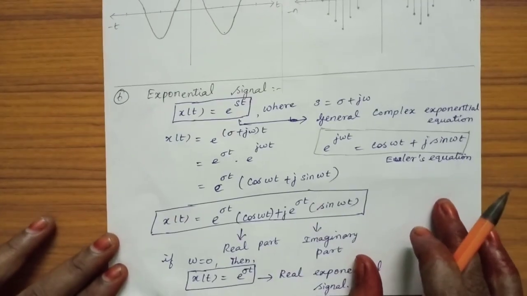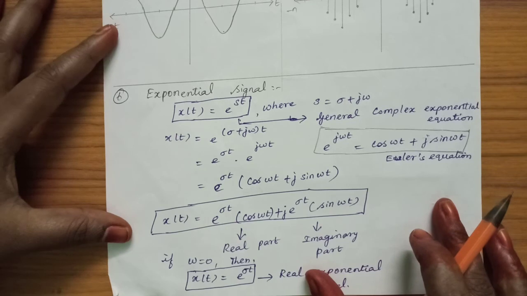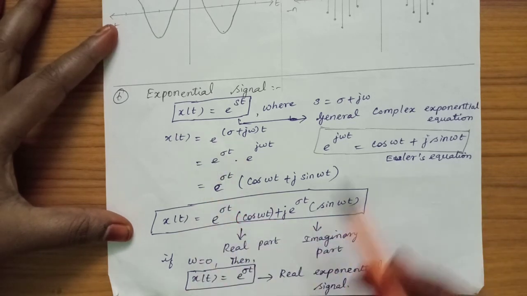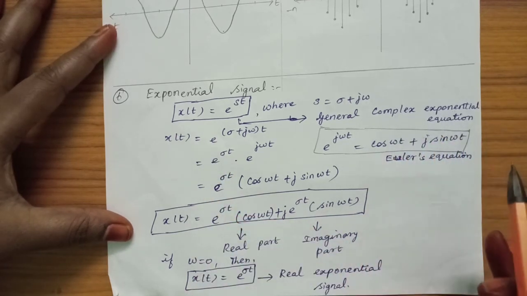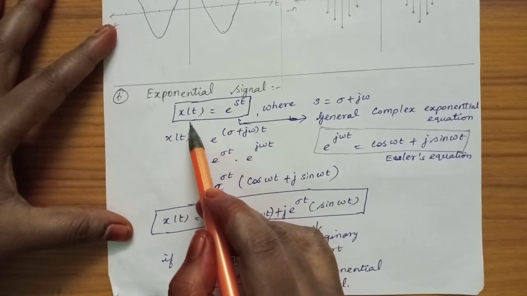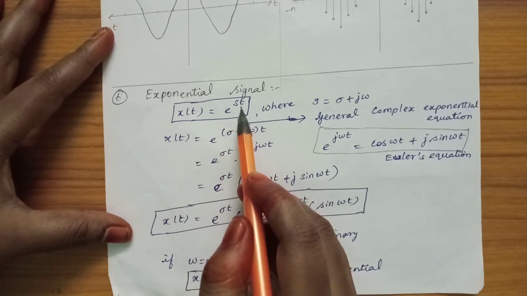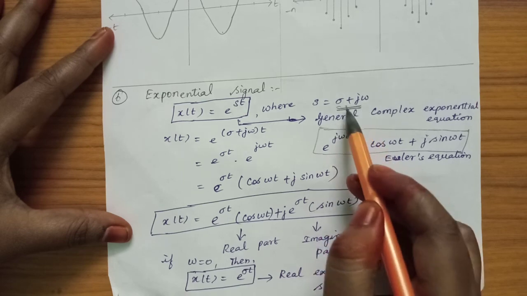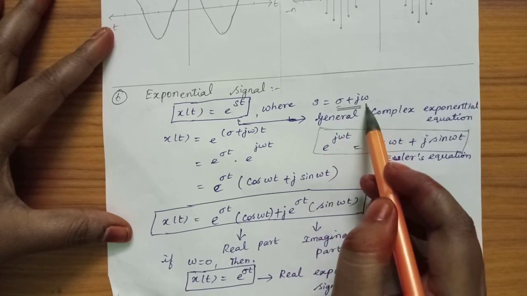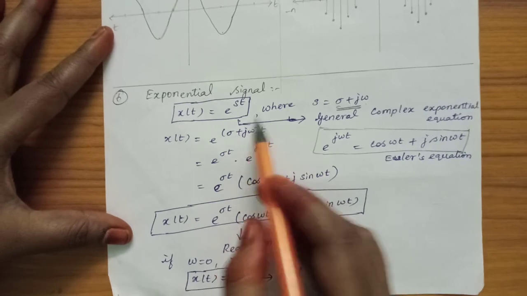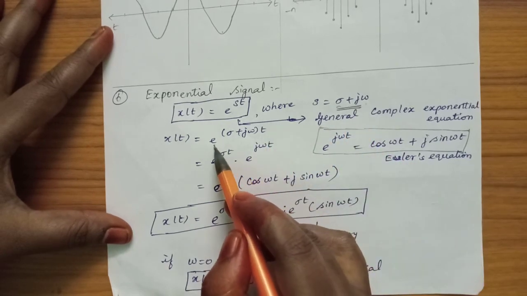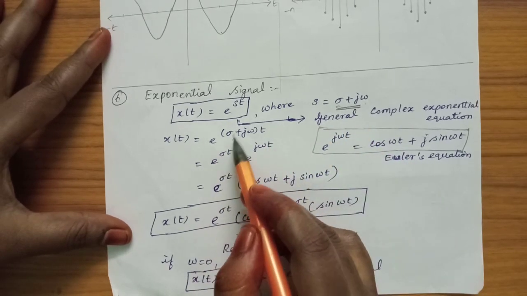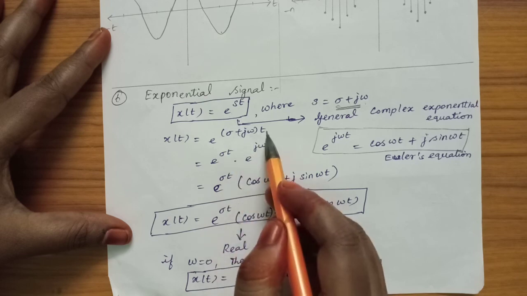Okay, and next, exponential signal. So first we should know the general equation for complex exponential, that is x of t equal to e power st. We know that s is equal to sigma plus j omega, where sigma is the magnitude and omega is the radian frequency. If you substitute s value here, e power sigma plus j omega into t.